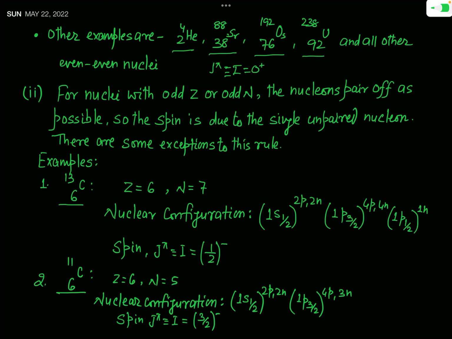Okay, so I hope you have understood. This is a very simple rule. If you find that the given nucleus is even, you should write the total ground state angular momentum or the spin of the nucleus as 0, and the parity will be definitely positive.